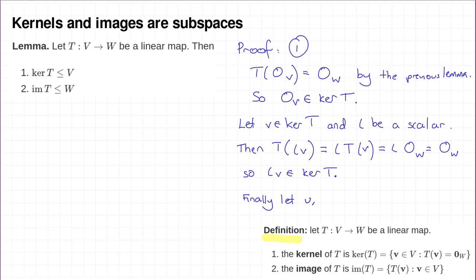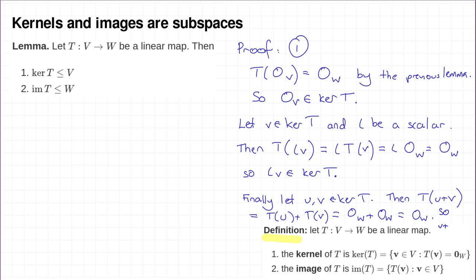Let's let U and V be in the kernel of T, and I have to show that U plus V is in the kernel of T. So T of U plus V is equal to T of U plus T of V, because T is a linear map, so it has to respect addition. But U and V were elements of the kernel of T, so both T of U and T of V are equal to the zero vector in W. And of course, when you add the zero vector to the zero vector, you get the zero vector again.